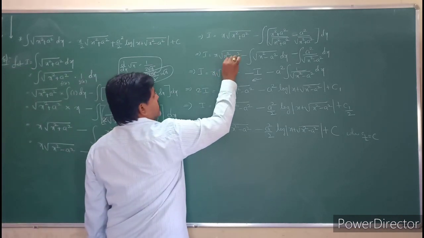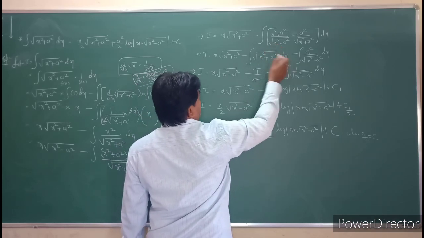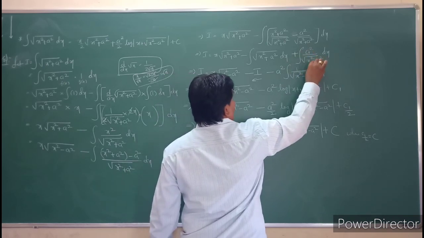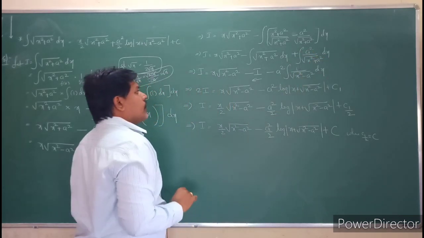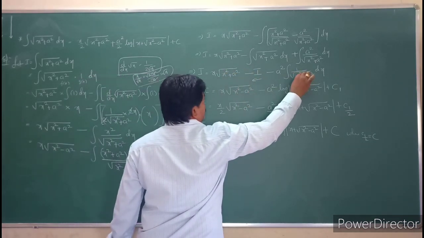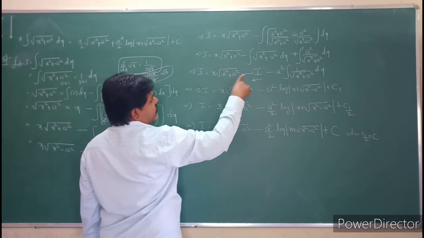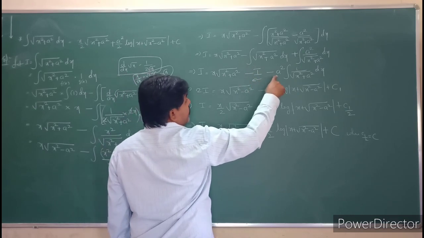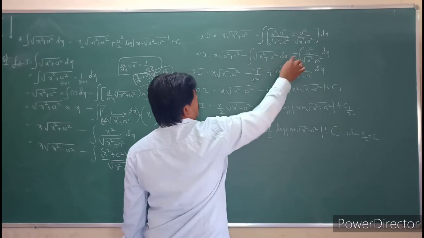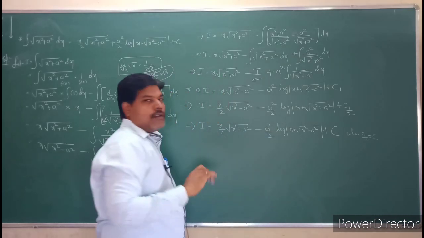So x into root of x square plus a square minus integral of root of x square plus a square, minus of minus, it will become plus a square by root of x square plus a square. And this value is I. Replace the value. So I is equal to x into root of x square plus a square minus I, plus a square, taking the a square out, integral 1 by root of x square plus a square into dx.